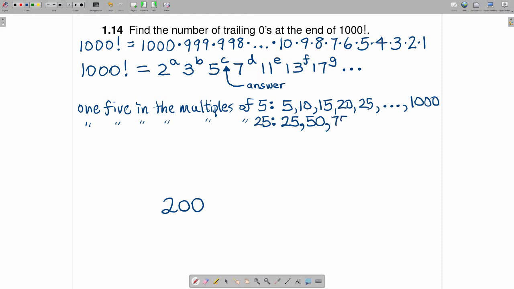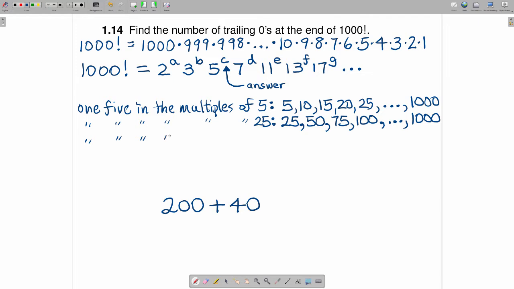Same is true of 75 and 100, all the way up to 1,000. Now, how many are in that group? Well, if you take 1,000 and you divide by 25, there are 40 more 5s that you get in that particular list.